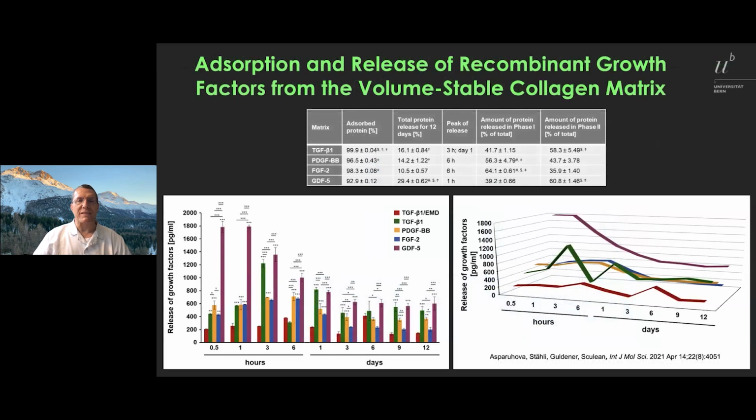Now, when we look at the potential of this matrix to absorb and to release different growth factors and biologics, we have used the matrix in combination with TGF-beta1, PDGF, FGF2, and GDF5. All these growth factors are very important for soft tissue healing and also for periodontal wound healing and regeneration.